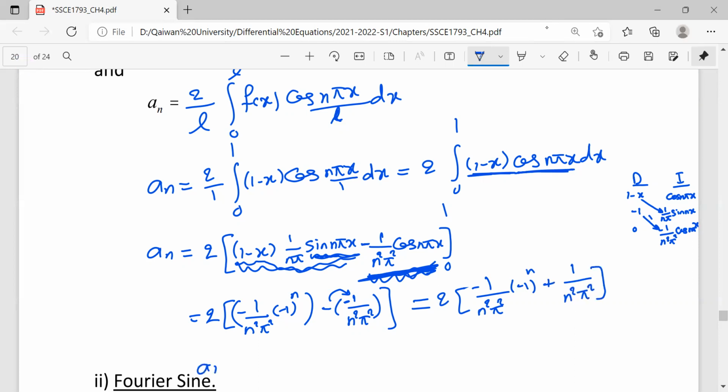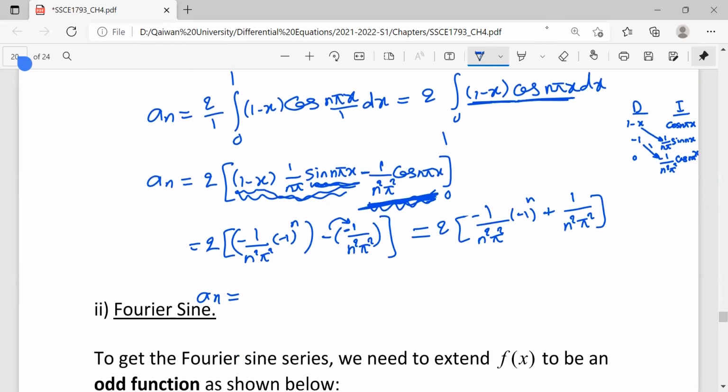And an equals 2 over n squared pi squared times minus 1 to the power n plus 1.